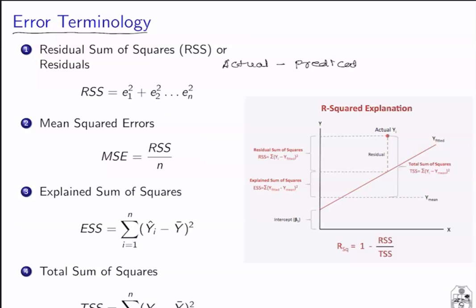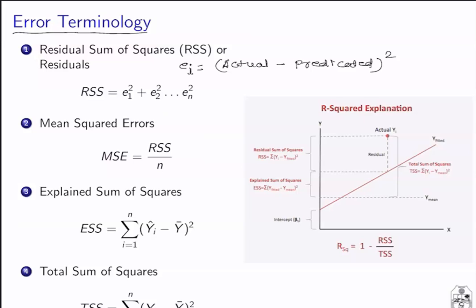The purpose of a machine learning model is either to predict the class label or to predict the numeric value in the case of a regression model or linear regression model. This difference is called the error, or for an individual one it is called e_i, and we usually take the square of this difference because we need to make it a positive error difference. So this is the definition of the individual error.